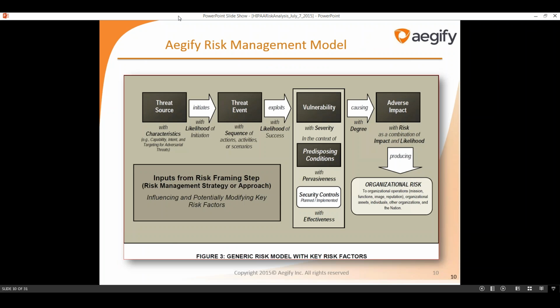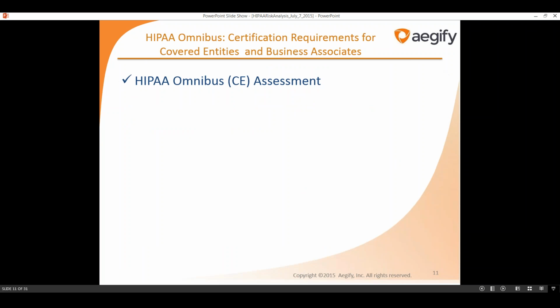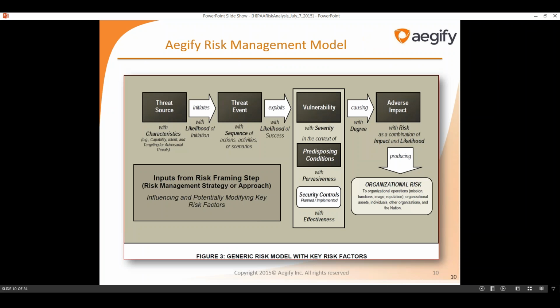So when you're doing a risk assessment, you're trying to understand all the threat sources that could affect your business. A threat source could be an earthquake, if you're prone to one, or a server sitting on the internet that could be broken into. So there are multiple kinds of threats that could affect your organization.